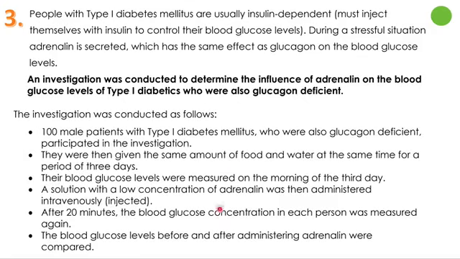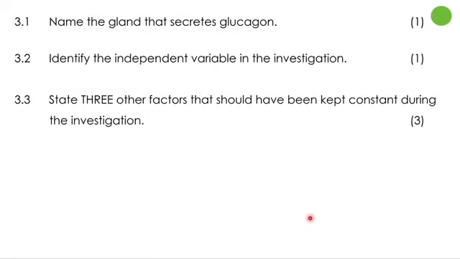A solution with a low concentration of adrenaline was then administered intravenously, and after 20 minutes the blood glucose concentration in each person was measured again, and the blood glucose levels before and after administering adrenaline were compared. Okay, so that is the method that they gave us.